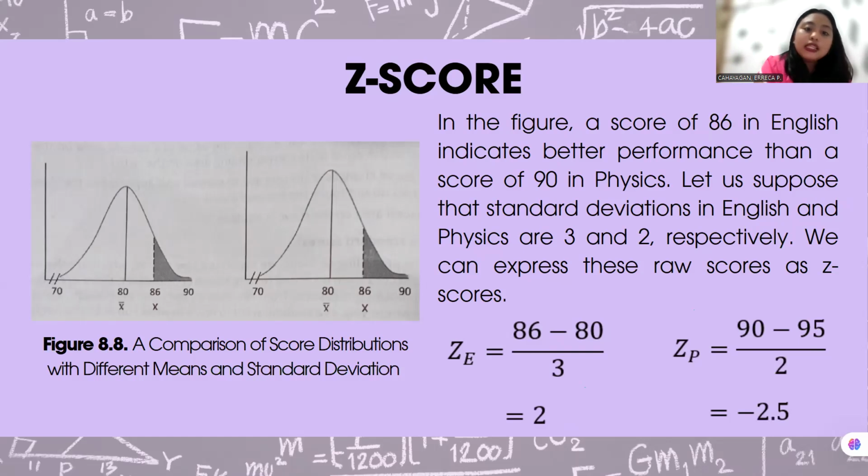You can see in figure 8, the comparison of score distribution with different means and standard deviation, in the book. So the z we have here is ZE, the Z-score of English, and 86 is your score in English, minus the mean of 80 in the whole classroom, over the standard deviation of 3.